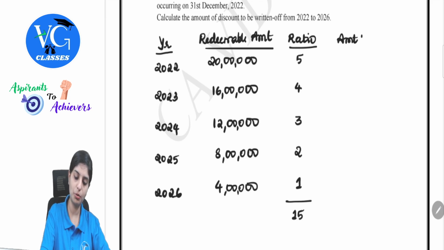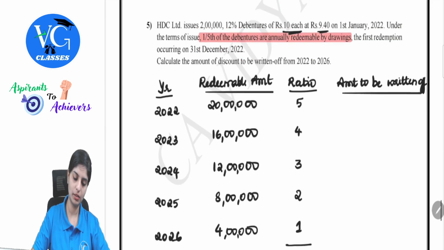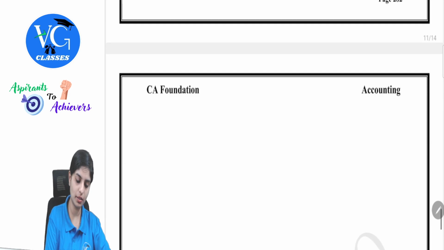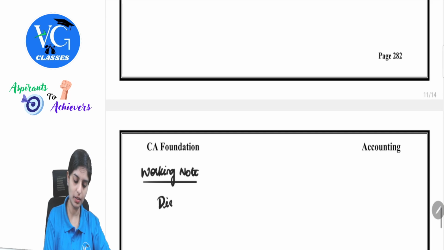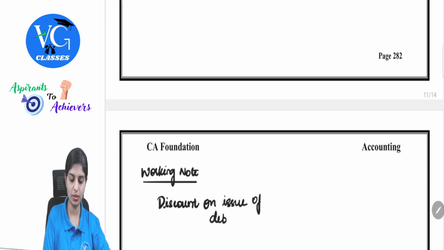So amount to be written off. We shall calculate the discount value, the discount on issue of debentures.